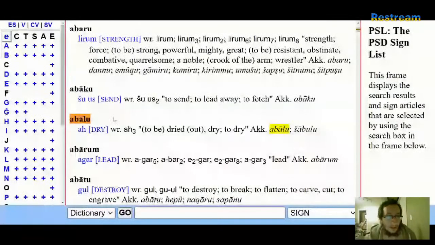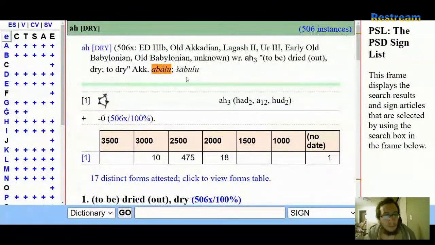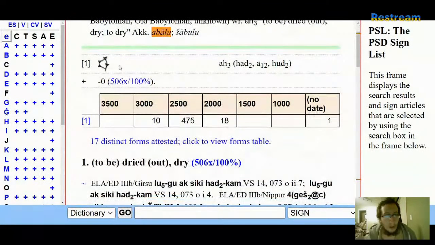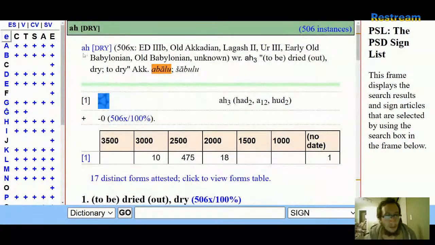But I can show you on the Sumerian dictionary. So abu is dry. Remember we said it means dry. So the Sumerian word is ah, which is dry.